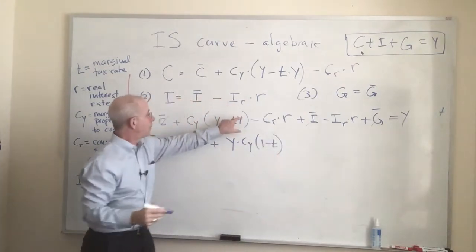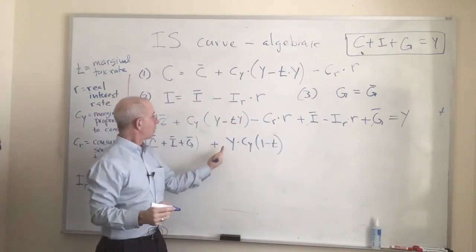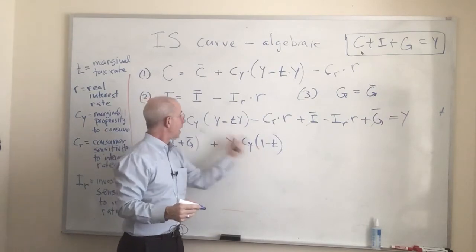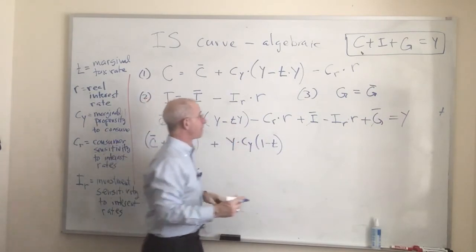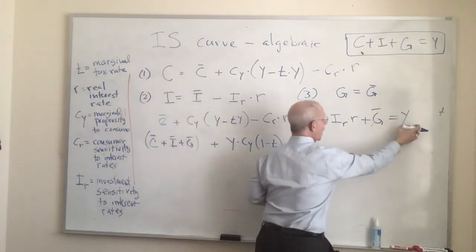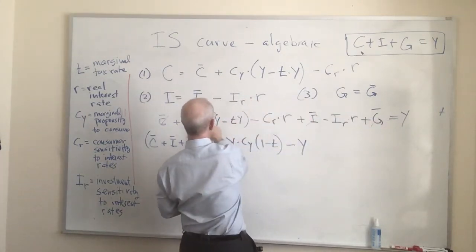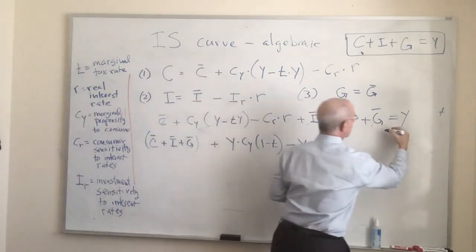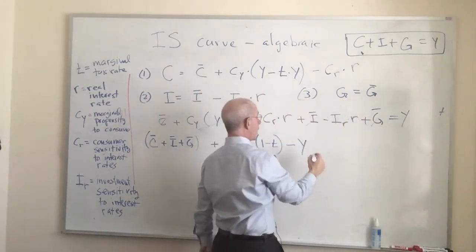See what I did? I pulled Y out. So Y times CY times (1 minus T), minus Y, that's this Y, pull that over here. So we've got this part taken care of, and that part taken care of.